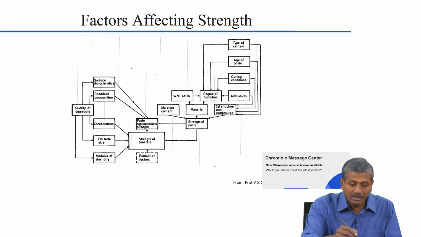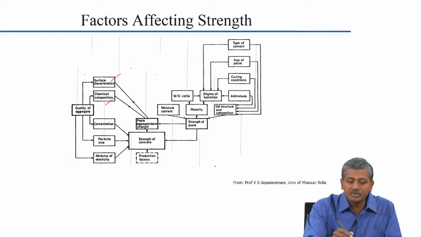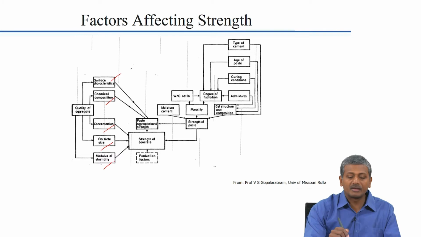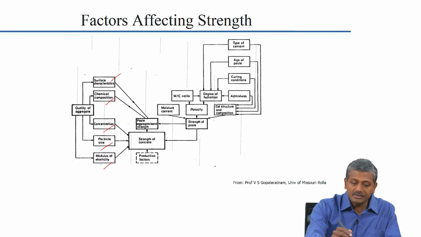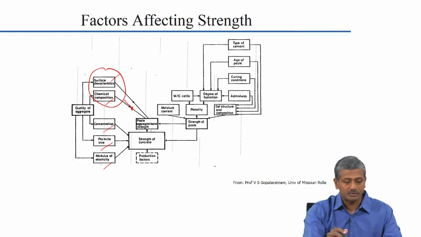So, you have the quality of aggregate, which is the surface characteristics, the chemical composition of the aggregate, the amount of aggregate that you have in your system, the particle size and the modulus of elasticity of the aggregate. Out of these, the surface characteristics and the chemical composition seem to affect the bond of the paste and aggregate, and that obviously has an effect on the concrete strength.